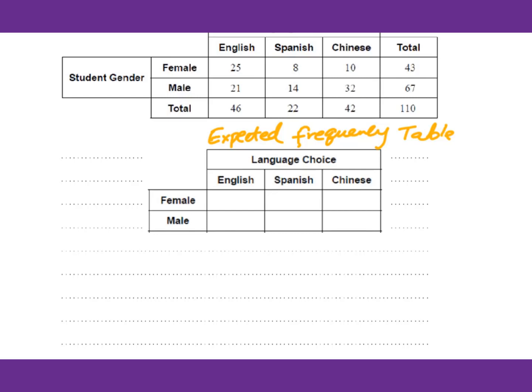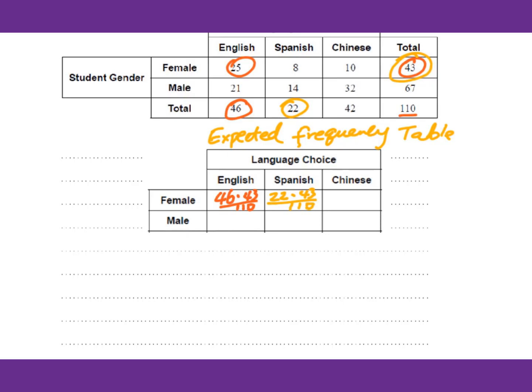So for female and English, you will check the total. That means this number you multiply, divided by 110. So we do 46 times 43 over 110. For Spanish and female, you will do 22 and 43 multiply, then divided by 110.